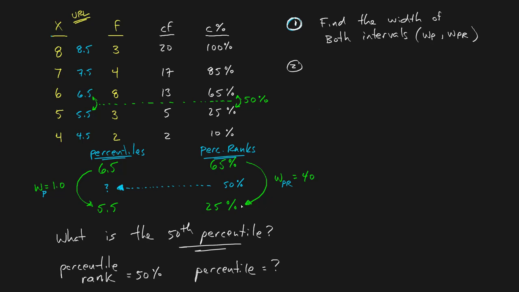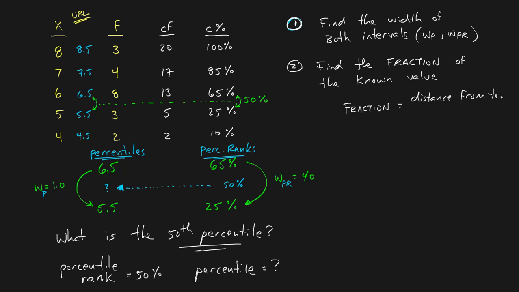So we've done that. The next thing that I have to do is find the fraction. The fraction of the known value, where the fraction is equal to the distance from the top of that interval over the width of the interval.